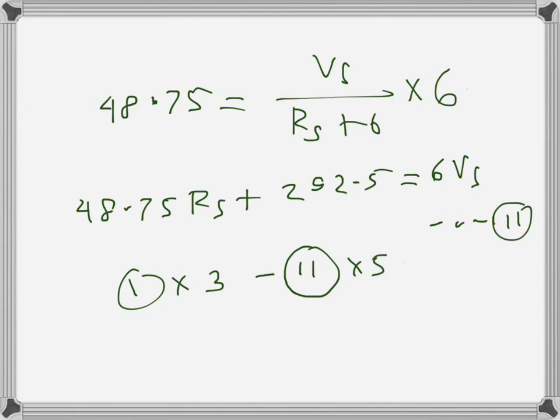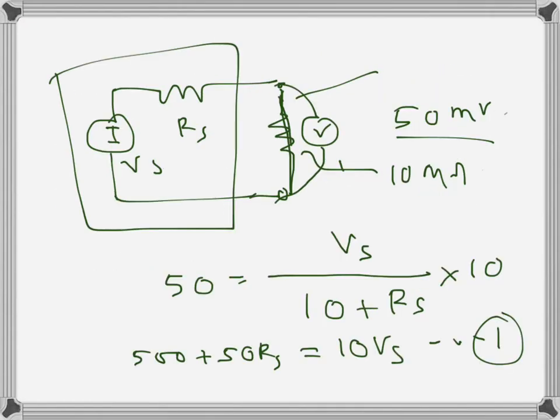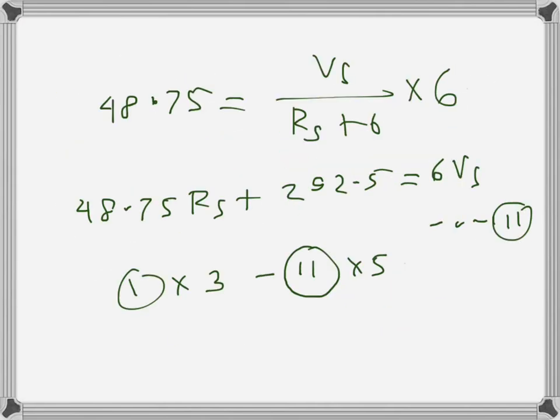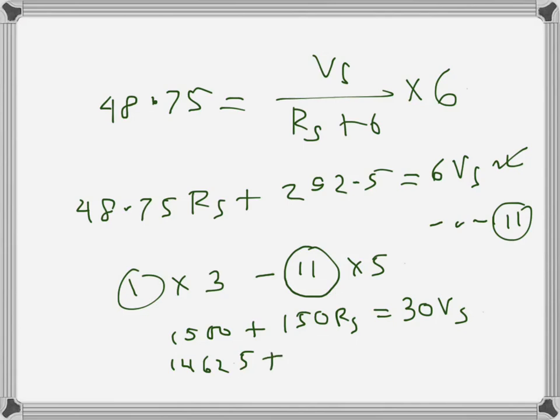We are trying to cancel Vs. When we multiply equation 1 by 3, it becomes 1500 plus 150 Rs equals 30 Vs, and when the second equation is multiplied by 5, it becomes 1462.5 plus 243.75 Rs equals 30 Vs.